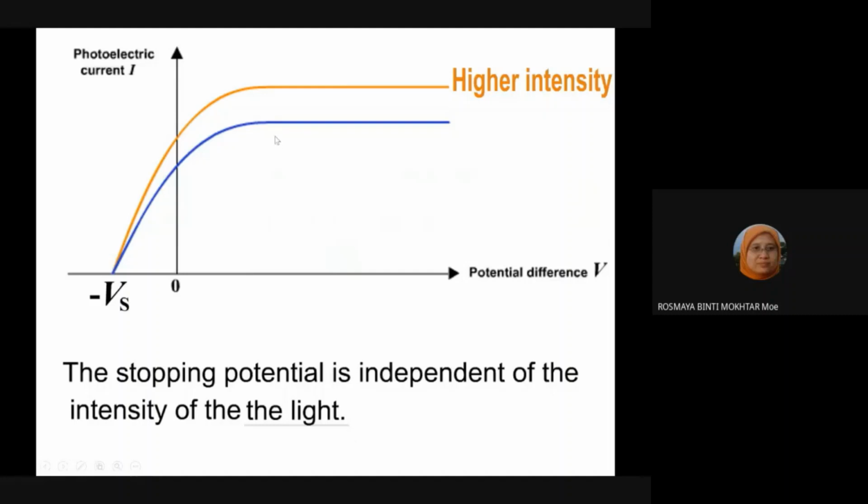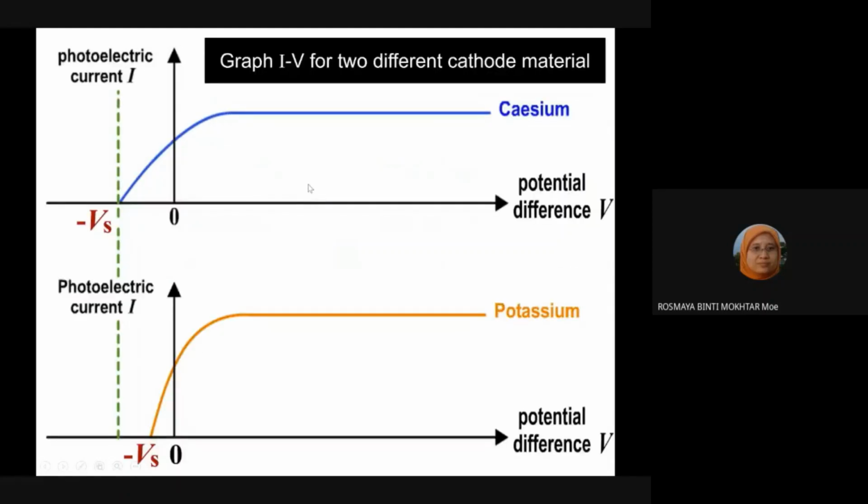Understand? So just now we showed only the positive part of the graph. If you continue drawing the graph, it reaches the x-intercept at one point, the same voltage Vs. Now the Vs will change only if we use different metal.